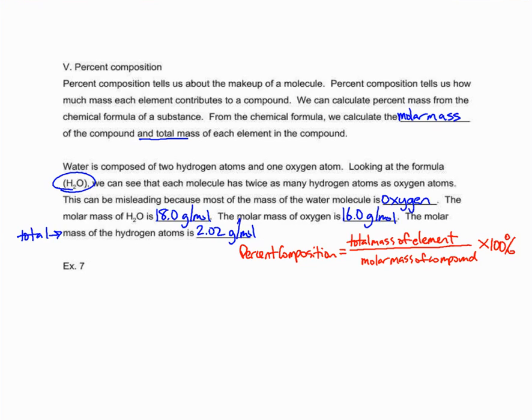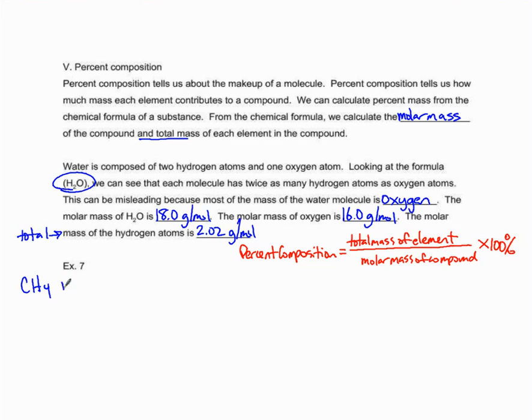So the next one I'm going to look at is a compound that we've talked about already in this unit, CH4. By our naming system, it's carbon tetrahydride. Most of the world just calls it methane. This is your main component of natural gas.